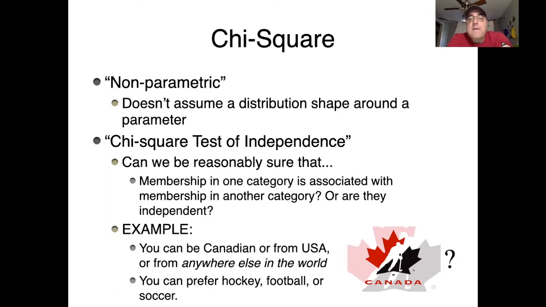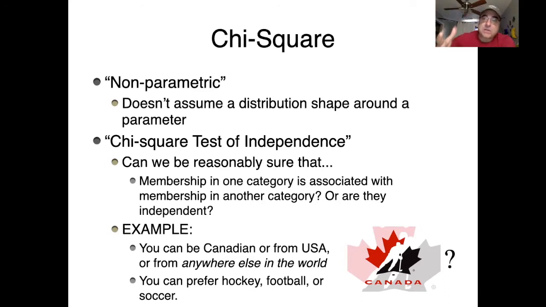Its proper full name is the chi-square test of independence. What we are looking for, what we're trying to establish, is whether how a person is categorized on one variable has a relationship or doesn't have a relationship to how they are categorized on another variable. If they are independent, then what we will get is a null result for the chi-square.